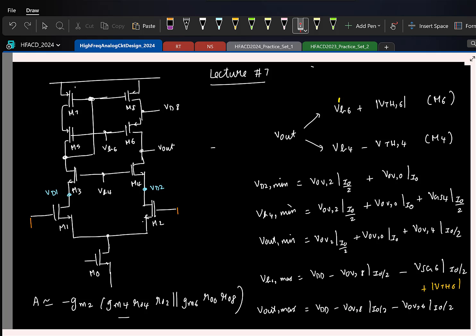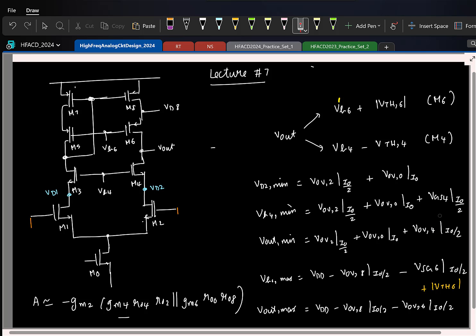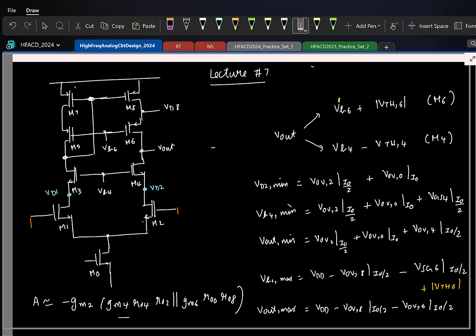Once again, I want to highlight that this is possible because you have free control of what you apply at VB6. Fundamentally, the maximum of the output is limited by the gate voltage VB6. Since you have free control on the gate voltage, you can apply whatever you want to get this maximum. Please remember that.